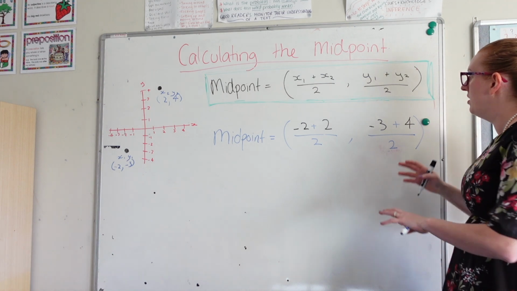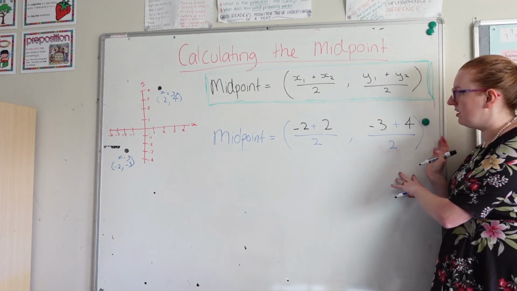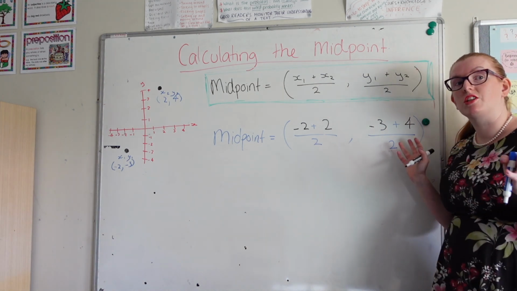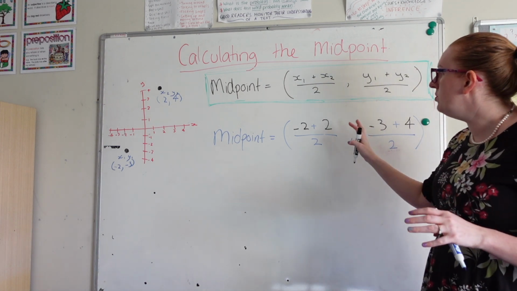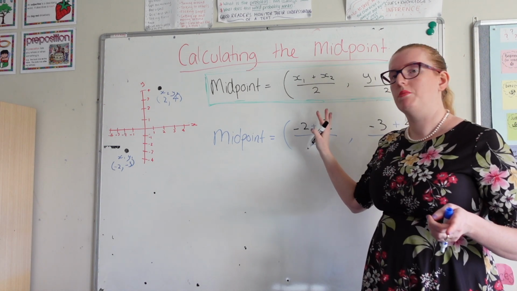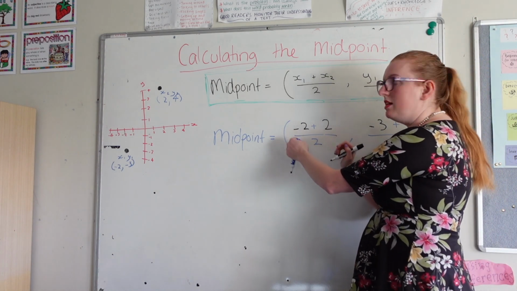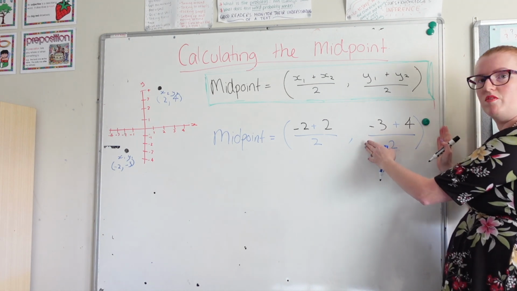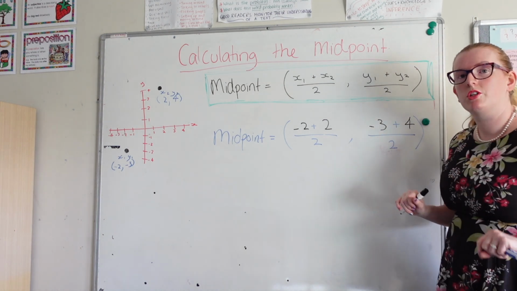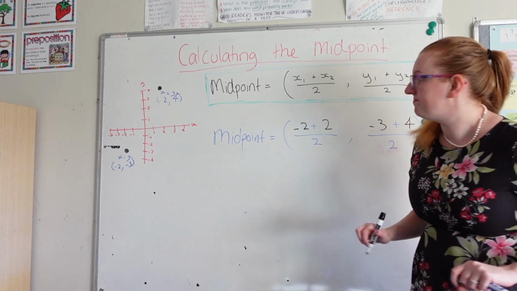Now, it still looks a bit yuck, but we can simplify this and make it much nicer. If I had a calculator, I could type this part in and find out what it is, and then type this part in. However, I'm going to show you how to do it without a calculator.